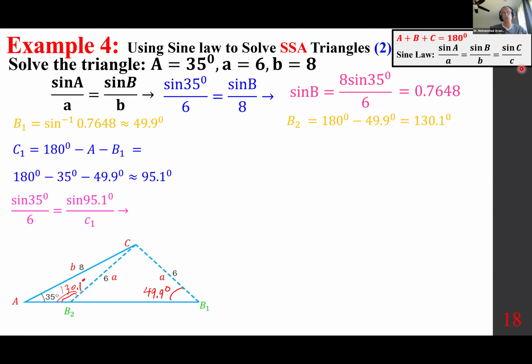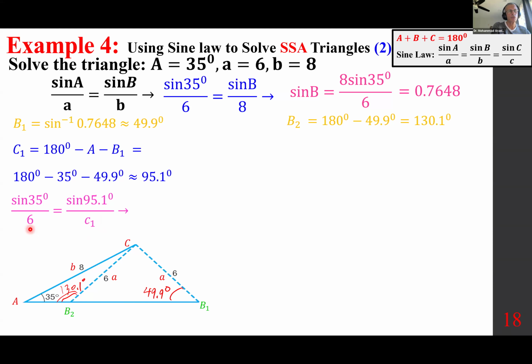We're going to call it C sub 1 because there are two that we come up with. And this C is the entire side, that means AB1. So what is C sub 1?